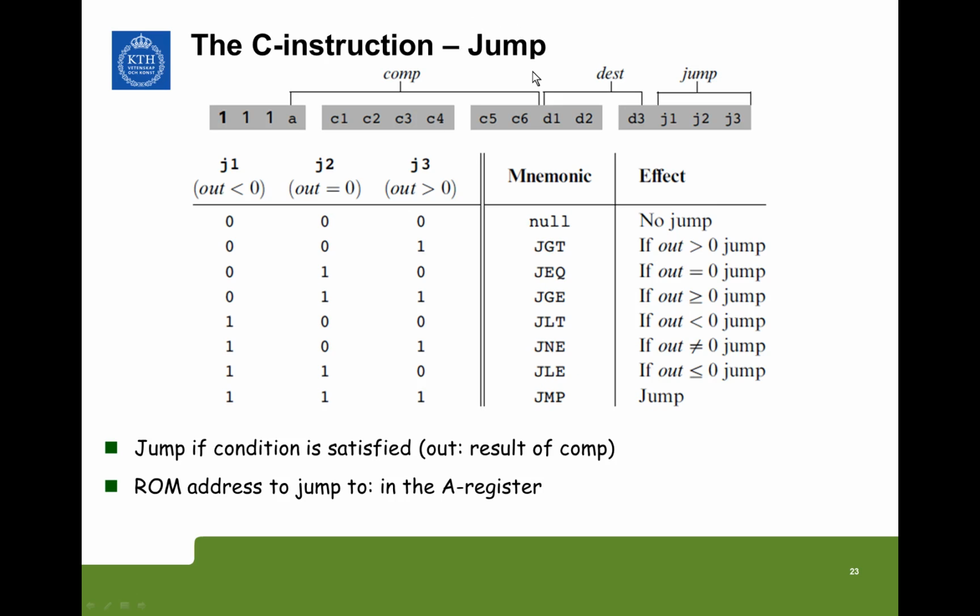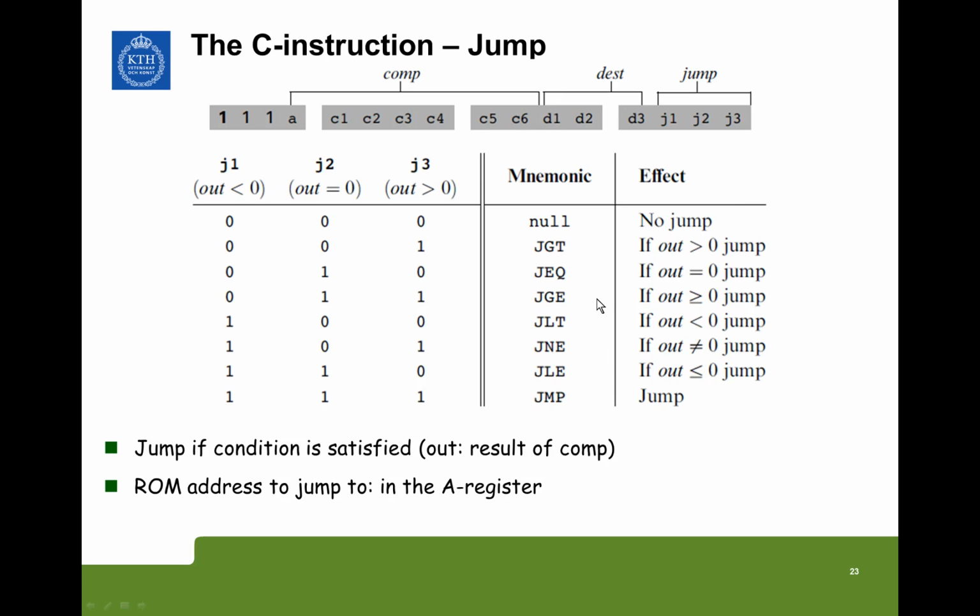Finally, the jump part of the instruction, represented by the J bits in the C instruction. They will tell whether the program should jump to another instruction or continue from the following one. In any case, the jump is conditioned to the result of the computation, and the result of the computation is compared to 0.